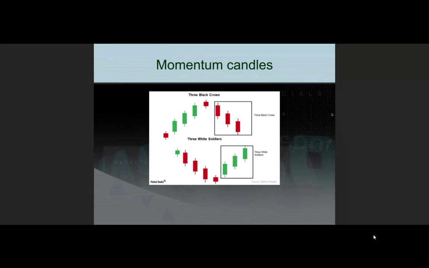And on the flip side, these 3 white soldiers, or whatever, it doesn't matter. Why do they got to be white though? But these 3 white soldiers are once again a confirmation, hey, we can look at this and reasonably assume that the buyers are beating the sellers right now, and that there's confidence to continue in this uptrend of this market, especially depending on how large of a time period you're using.